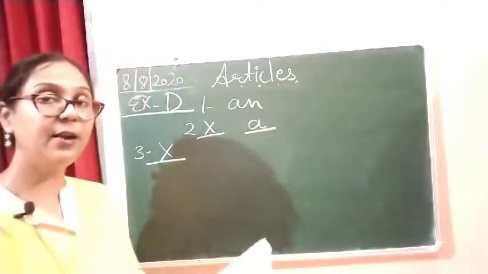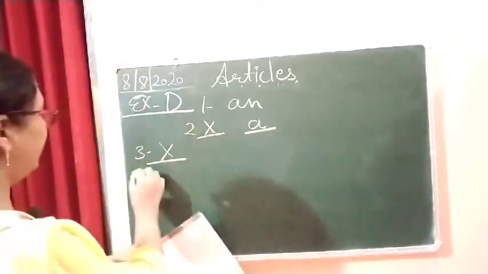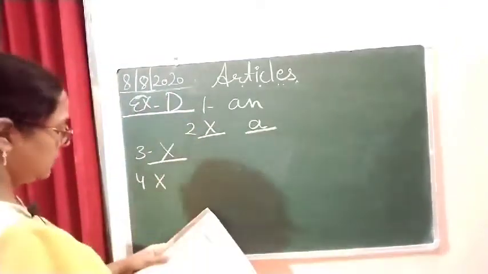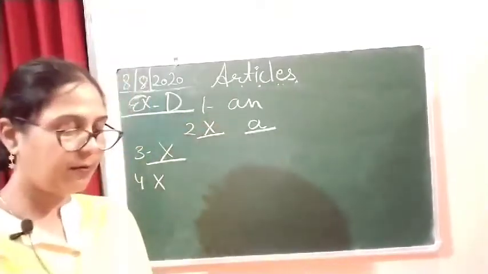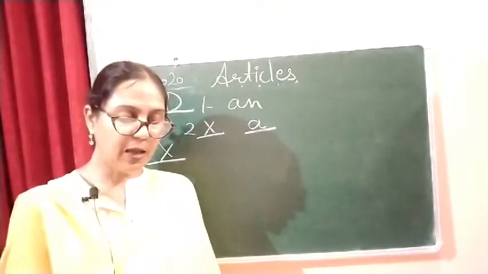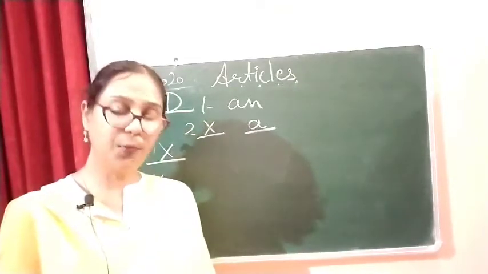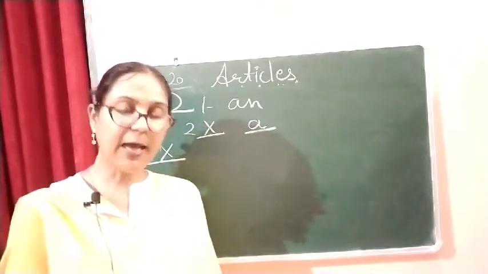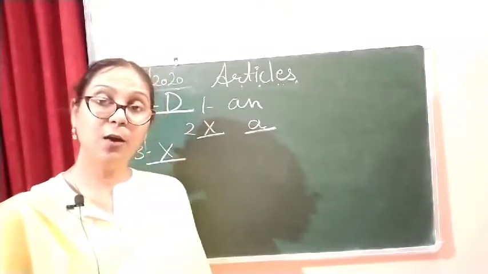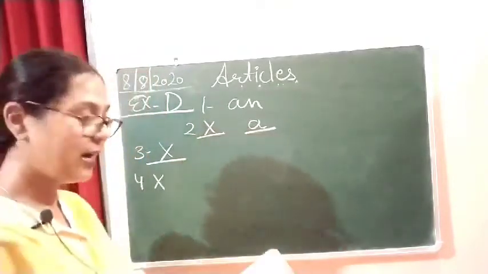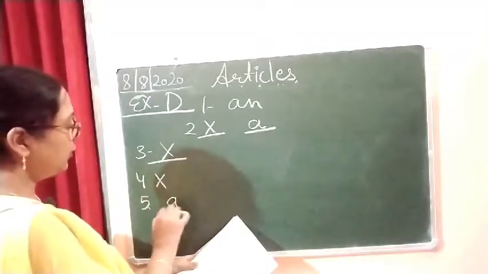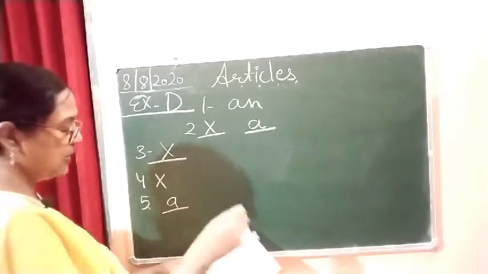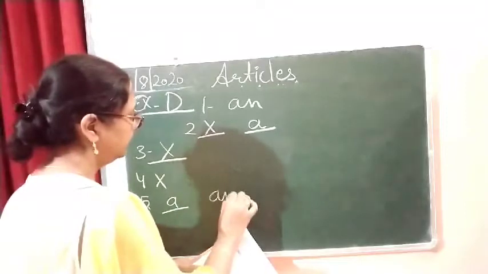That is why we are not supposed to use any article over here. So we just put a cross. And in number 5, on my way I met dash European and dash American. So now here we are going to write in number 5 a European and an American.